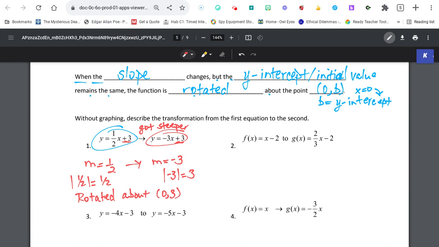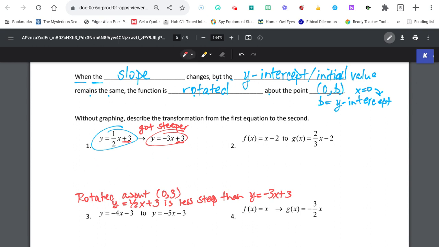And I'm going to put y equals 1/2 x plus 3 is less steep than y equals negative 3x plus 3. I don't like all that being bunched up, so I'm going to rewrite it. Here the slope was 1/2, and the absolute value of 1/2 was 1/2. And then in the other one, the slope was negative 3, but the absolute value of negative 3 is 3.